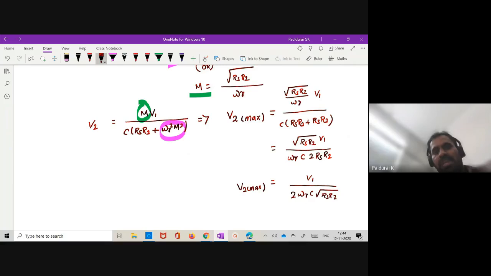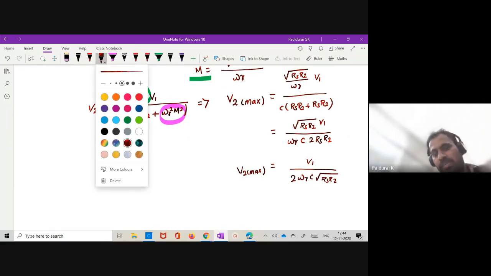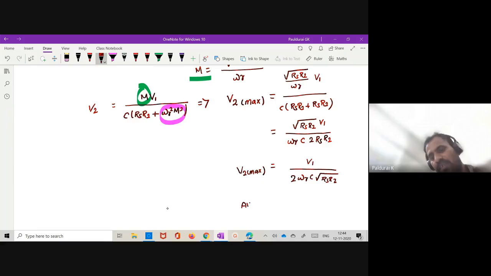Similarly, this is the maximum output voltage, and the maximum voltage gain AV max is given by V2 max divided by V1, so it will give you 1 divided by 2 omega R C square root of Rs R2. Similarly, find I2 max.